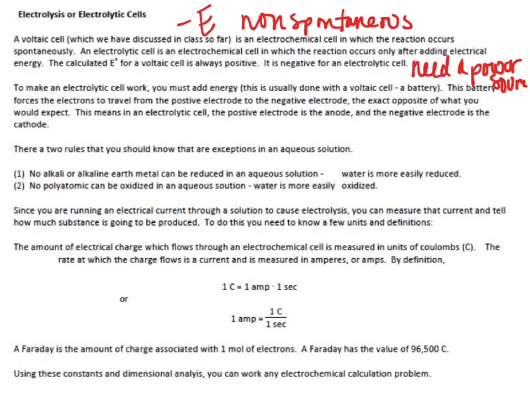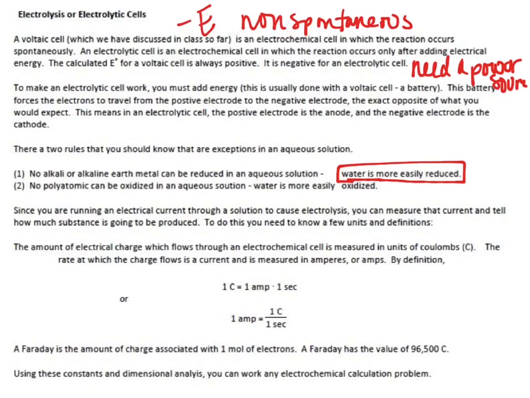That group 1 or 2 will not be reduced in an aqueous solution because water is more easily reduced. So group 1, 2 will not be reduced in an aqueous solution because it would rather reduce water instead.